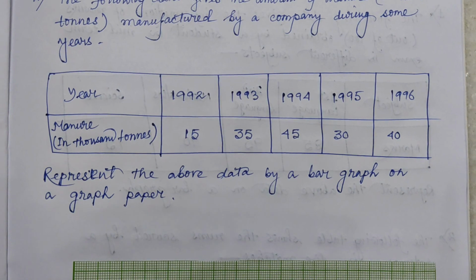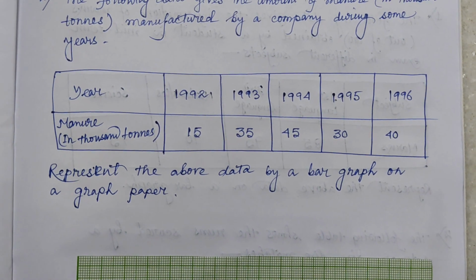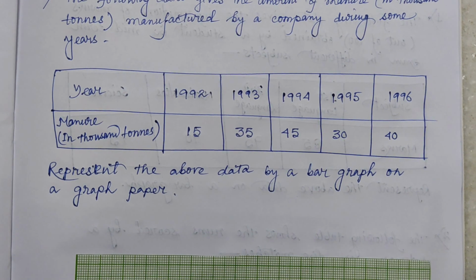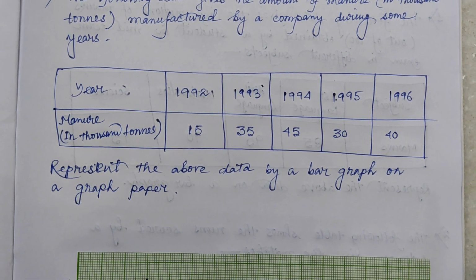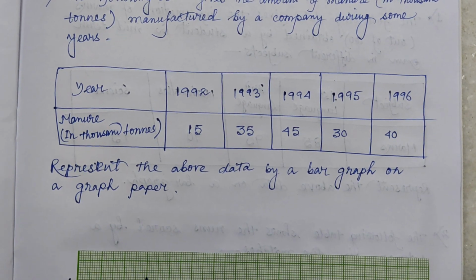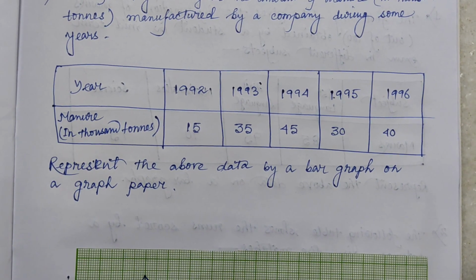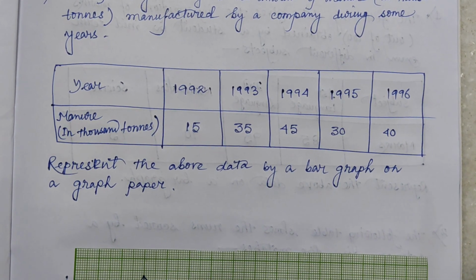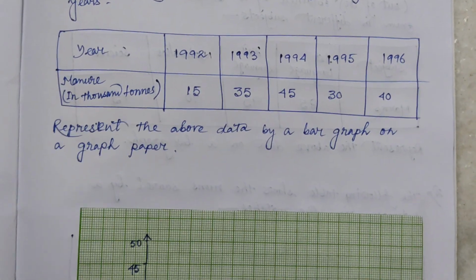Here you can see the years are given. In 1992, 15, 1993, 35, 1994, 45, 1995, 30, 1996, 40. Represent the above data by a bar graph on a graph paper.